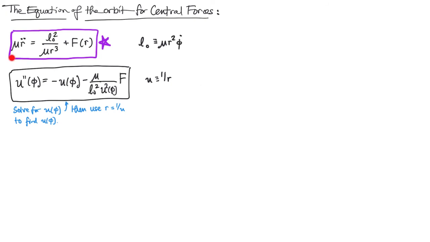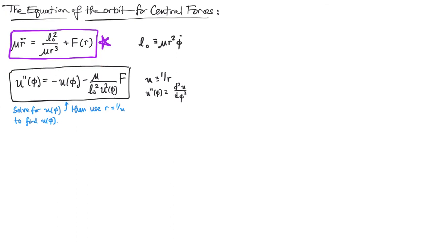We'll clean up the screen a little bit. We have the original differential equation, and we've defined what our L naught angular momentum is. We've reformulated that differential equation in time to a differential equation with respect to angle, where, remember, u double prime is defined to be the second derivative of u with respect to angle.